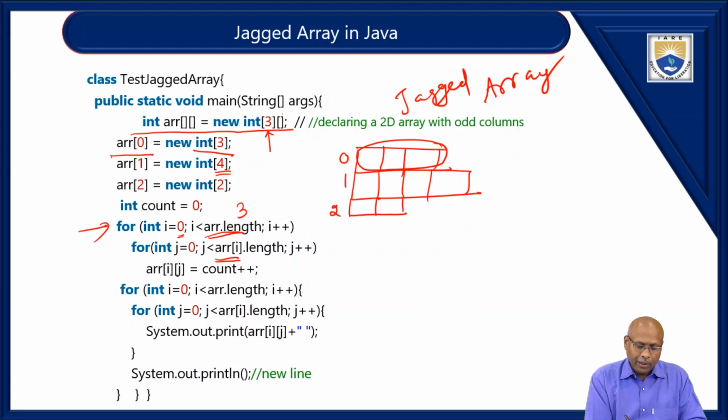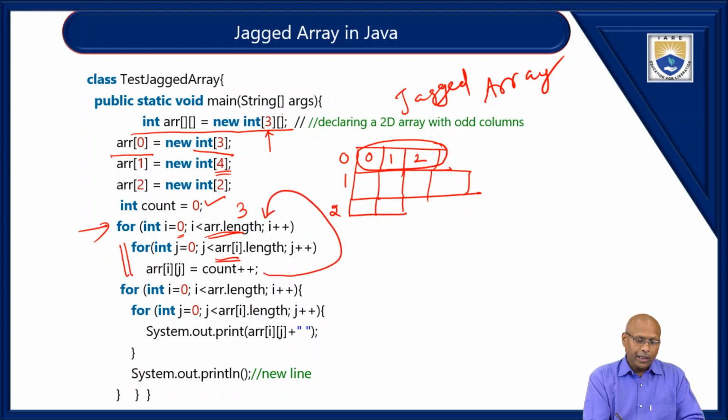Then you assign the value array[i][j] = count++. Initially count is 0. So first 0 is stored, then 1, then 2. So the first row contains 0, 1, 2. After finishing this first row, it goes to the outer loop. Now i becomes the 1st row. In the 1st row, how many elements are there?